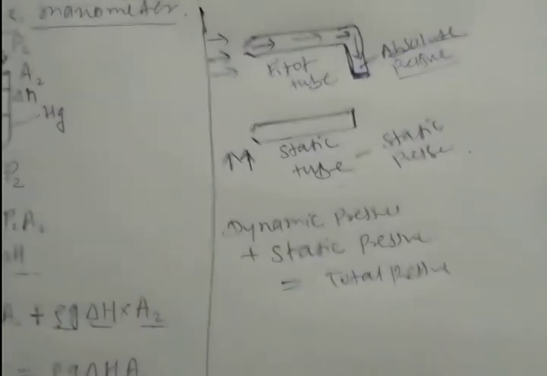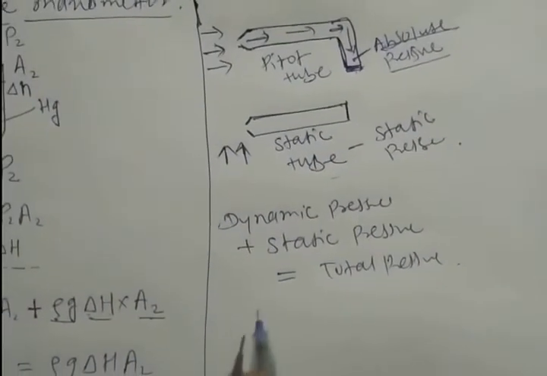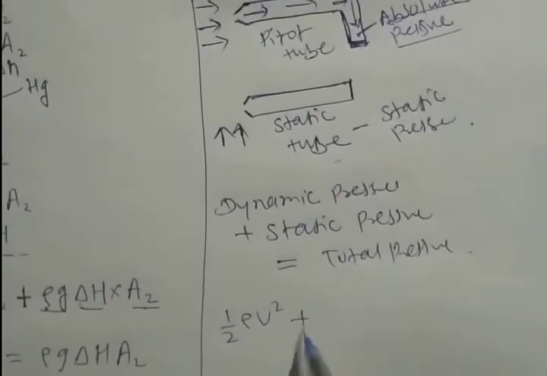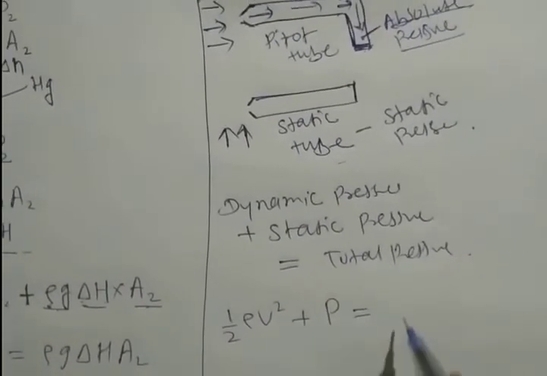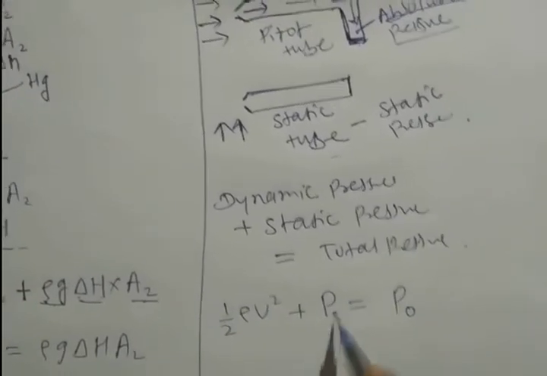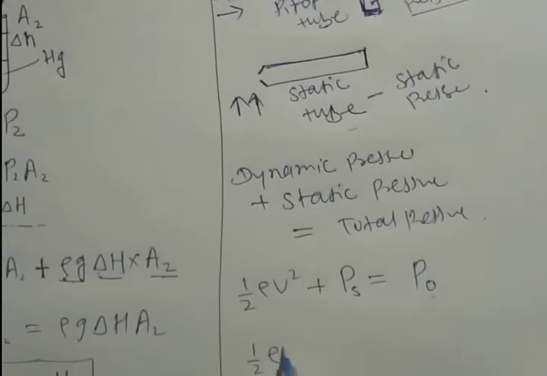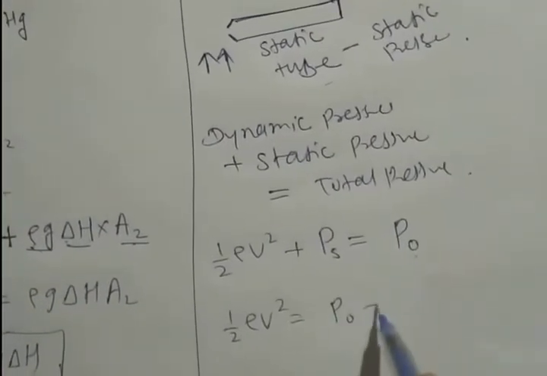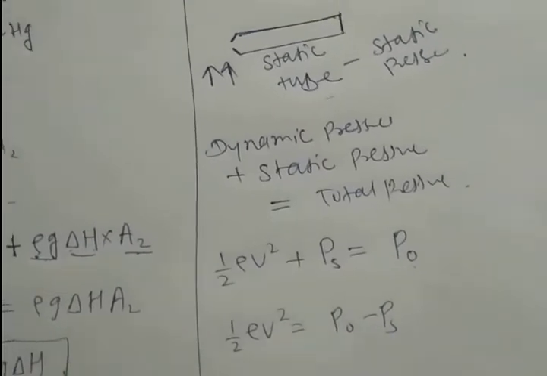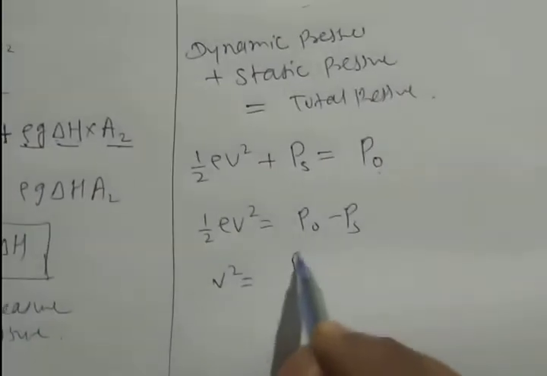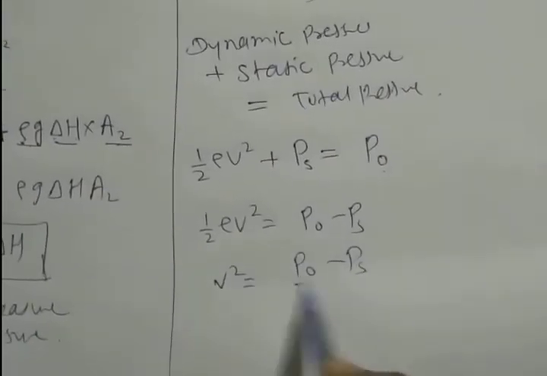So we know what dynamic pressure is. Dynamic pressure is half rho v squared, plus static pressure, let's say PS for static, will be equal to P naught. P naught is the stagnation pressure or absolute pressure. So from this we have half rho v squared equal to P naught minus PS. So v squared equals 2 times (P naught minus PS) divided by rho.